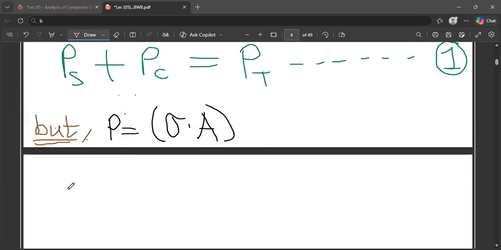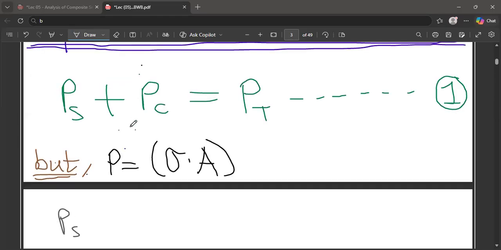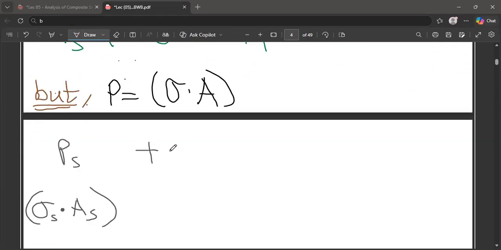For the first one, PS, we can write it in this form: the stress in the steel, times (if you see a dot, it means times) the area of the steel. Then we bring our plus, so plus PC.